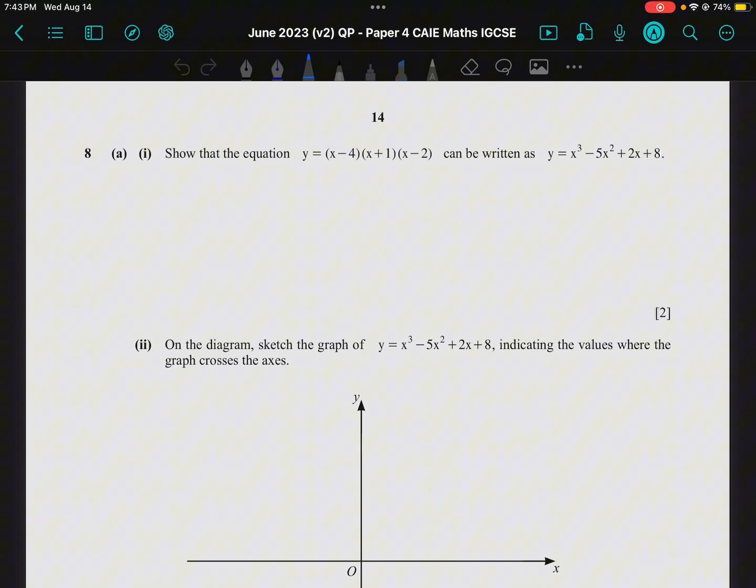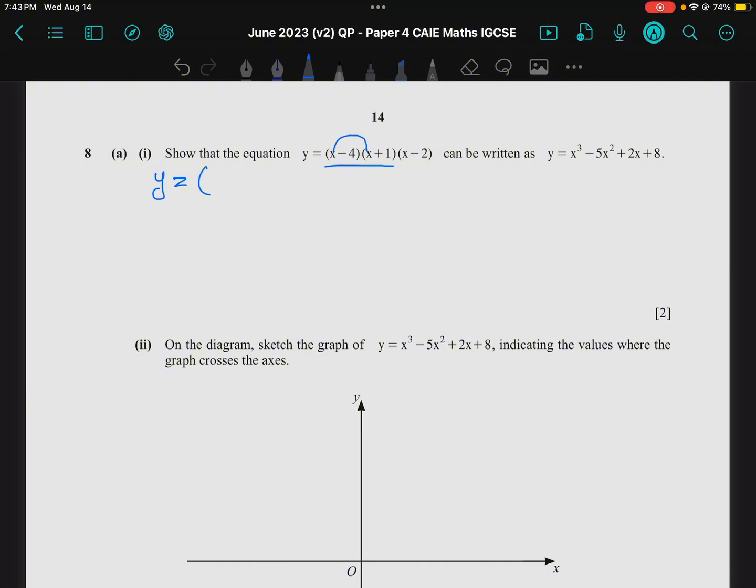Starting with question number 8. Show that the equation y equals (x minus 4)(x plus 1)(x minus 2) can be written as y equals x cubed minus 5x squared plus 2x plus 8. So taking y equal to, first multiply the first two brackets.